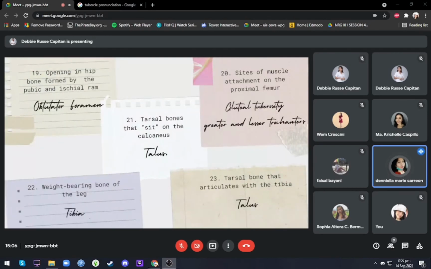Number 20, sites of muscle attachment on the proximal femur: the gluteal tuberosity and the greater and lesser trochanters. Number 21, tarsal bone that sits on the calcaneus; weight-bearing bone of the leg: tibia. Number 23, tarsal bone that articulates with the tibia: talus. So let's proceed to the joints and body movements.